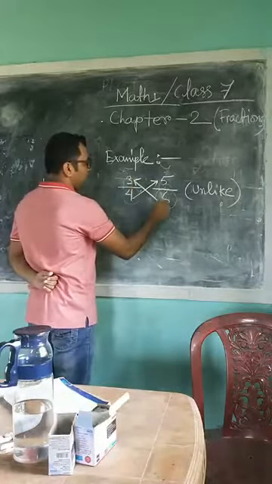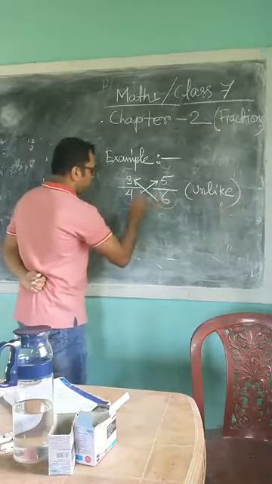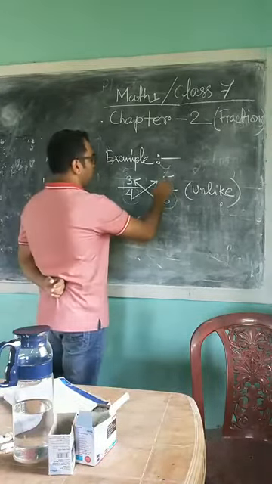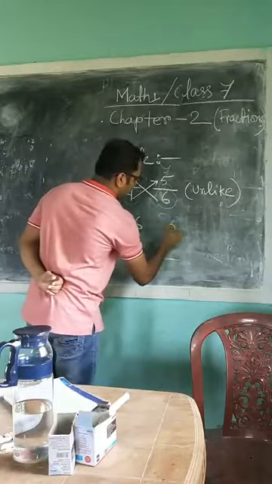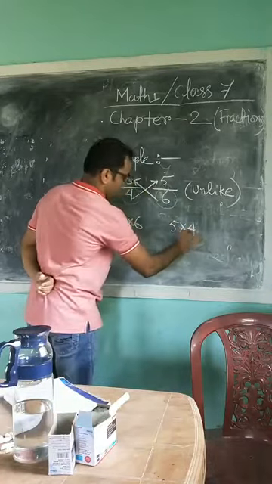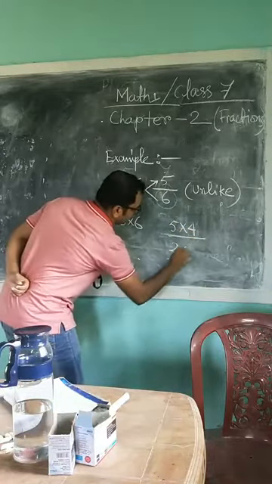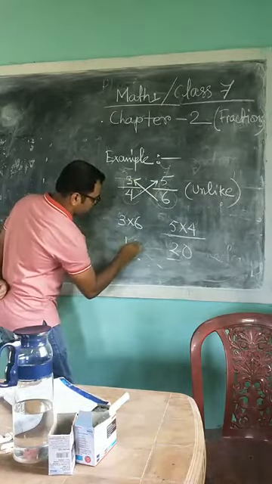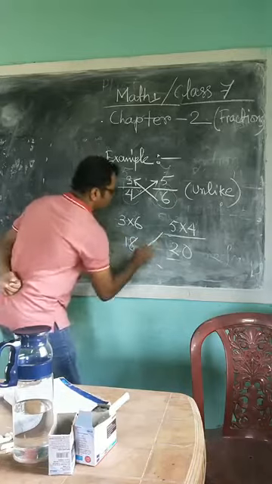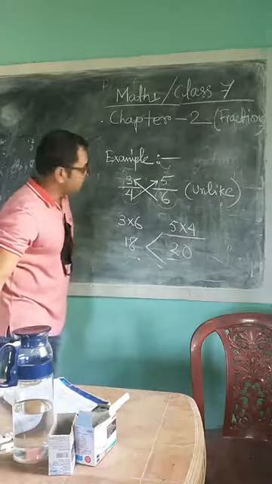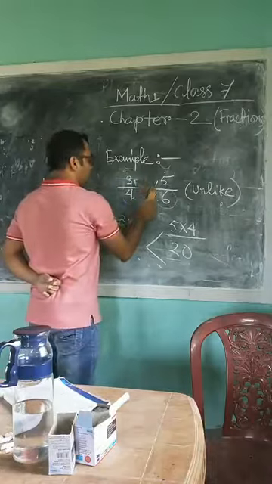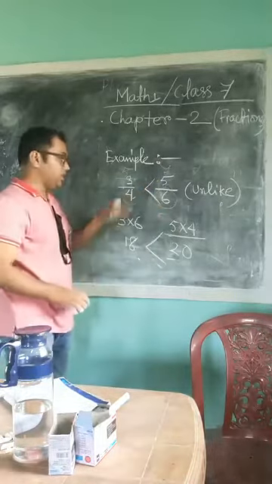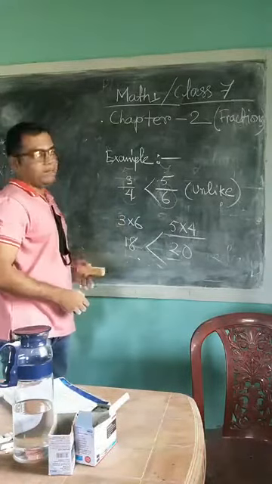You multiply 3 with 6, and you multiply 5 with 4. 5 4s are 20, 3 6s are 18. As we know, 20 is greater, so we can say 5 by 6 is greater. This is the easy way to find out which is greater.